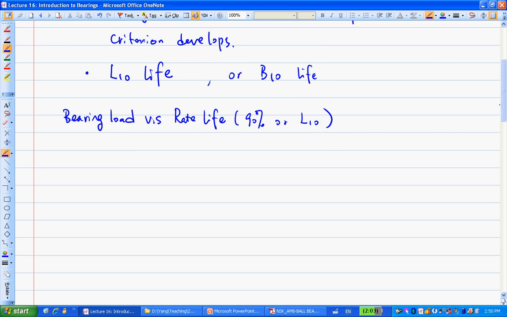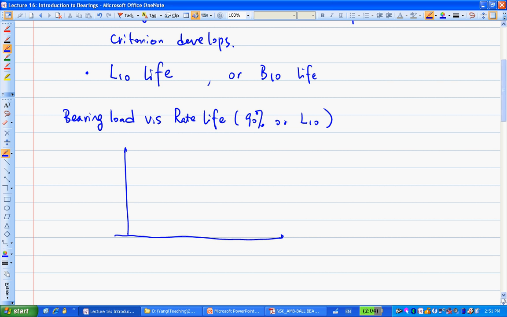Here is what happens when people do experiments. They subject each group of bearings to a certain amount of load, then look at the L10 life for that group. So they record the F and the corresponding L10. Give a different F, record a different L10.